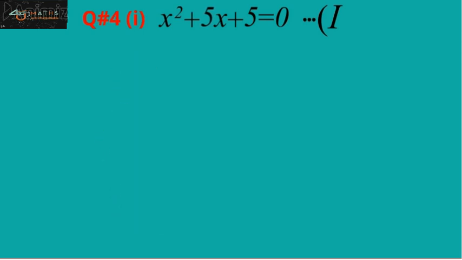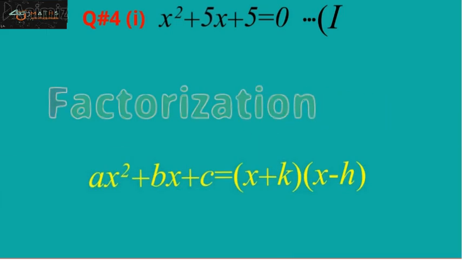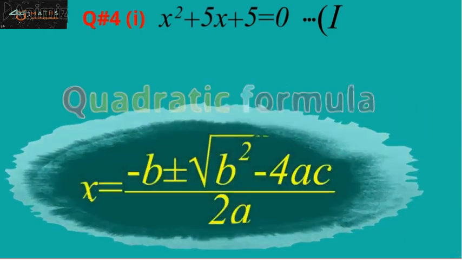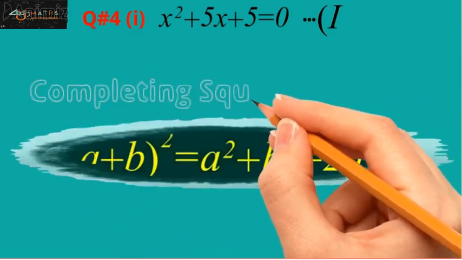If the value of the discriminant is not a perfect square, then we cannot solve the given quadratic equation with the help of factorization. So for its solution, we must use the quadratic formula or the completing square method.